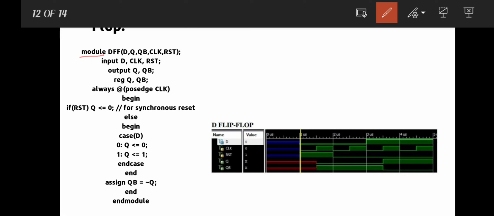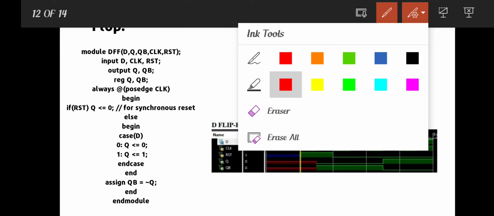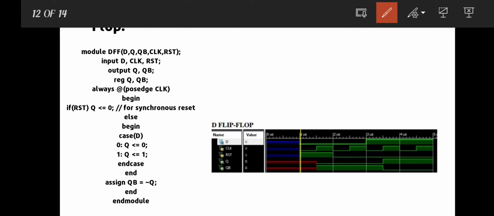Here this is the module name, these are the input and output variables, and the always @ operator begins, and these are the conditions, the cases of the execution of this code.